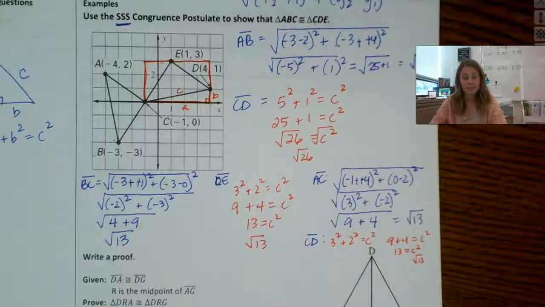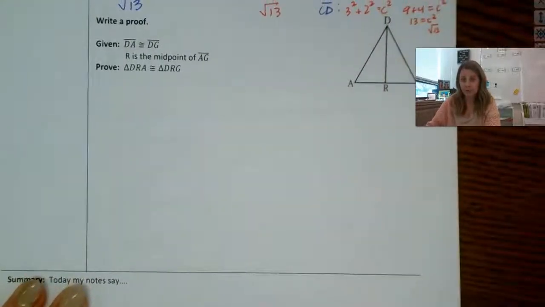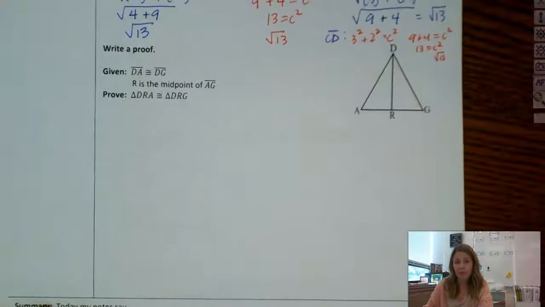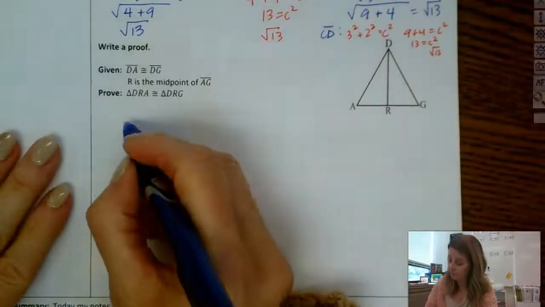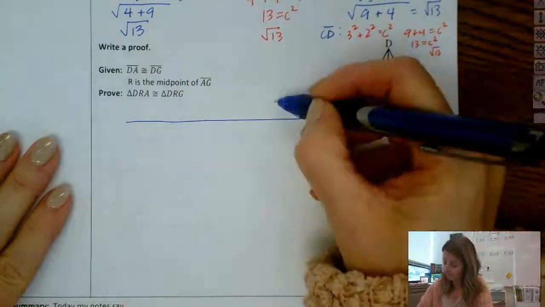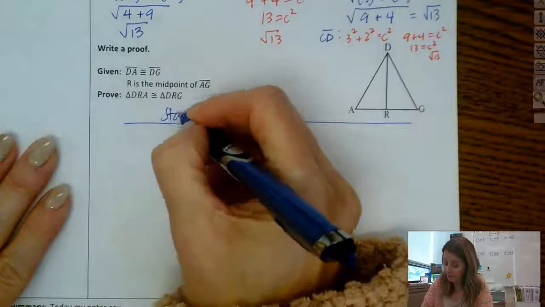We're going to use SSS in a proof. So let's get our proof set up here. So I'd like you to go ahead and make your 2 columns. And we've got statements and reasons.